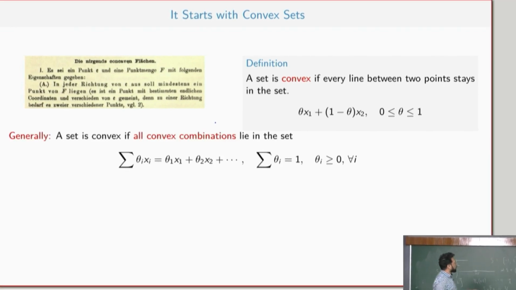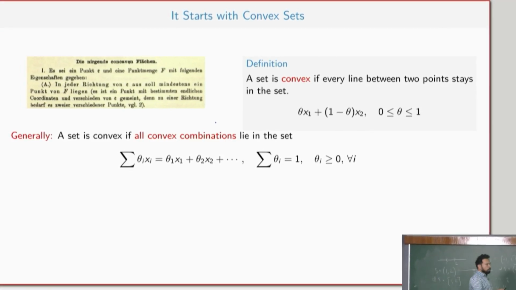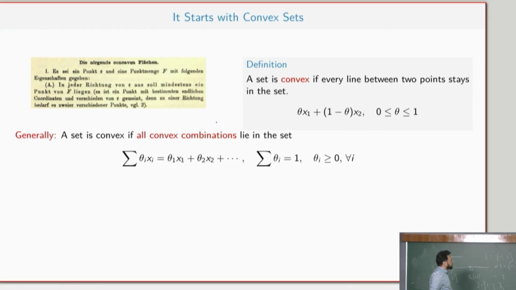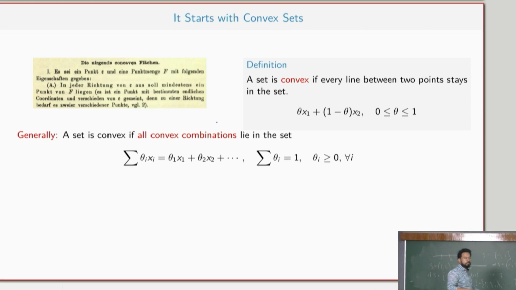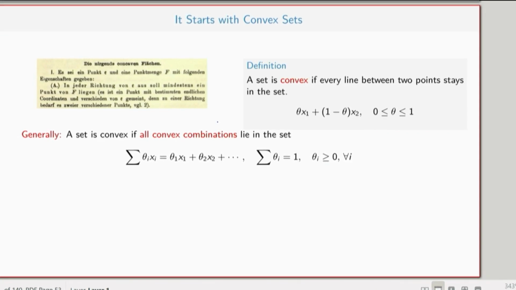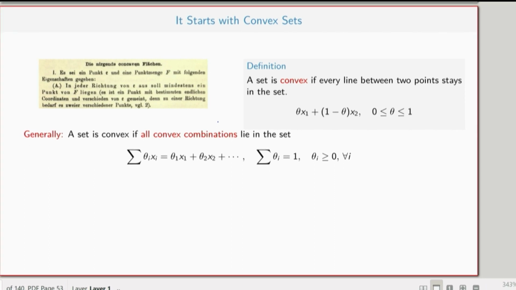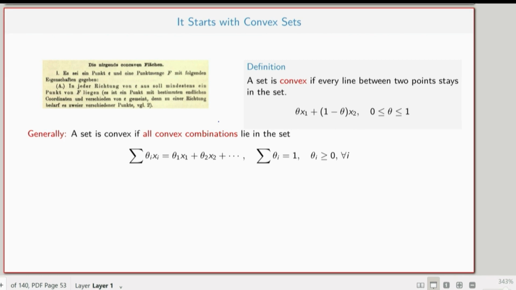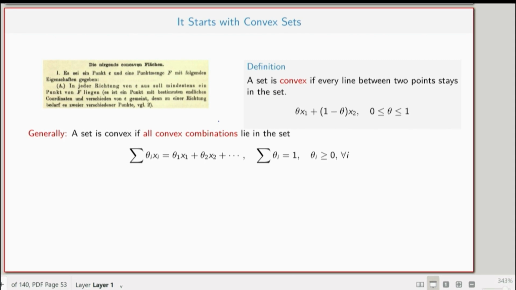In general, you can take a convex combination of several points in the set. Just like linear combinations in linear algebra, you can do a convex combination, but this is a special case of linear combination because the scalars sum to 1 and are necessarily non-negative, which is not the case in a linear combination.